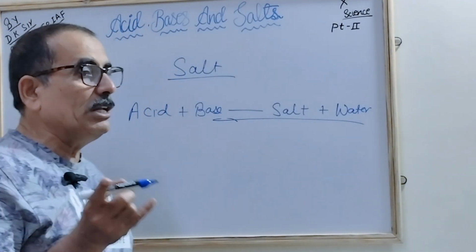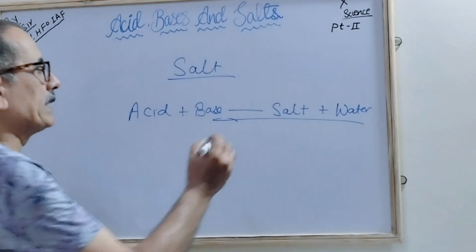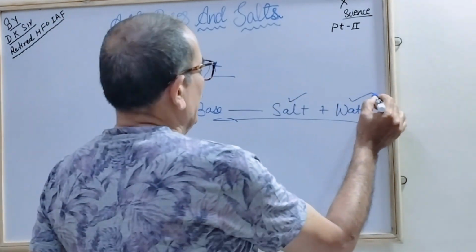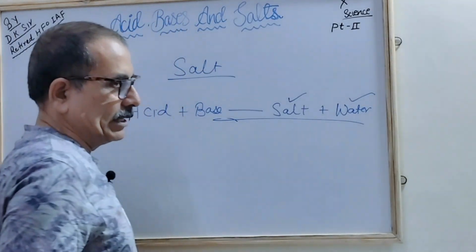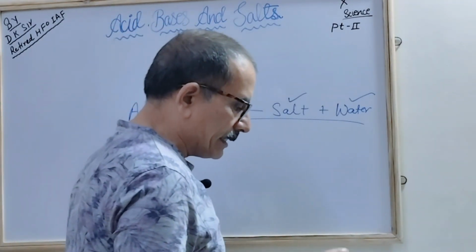It is going to make the solution neutral. No more acid and base. The salt and the water are no more acid or base, so it is called the neutralization reaction.